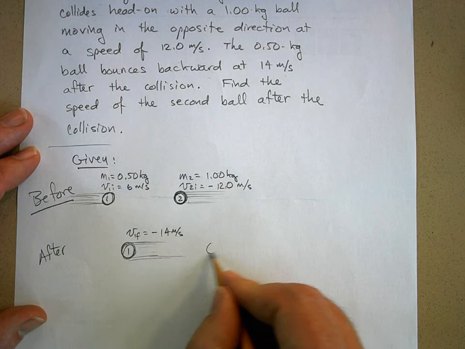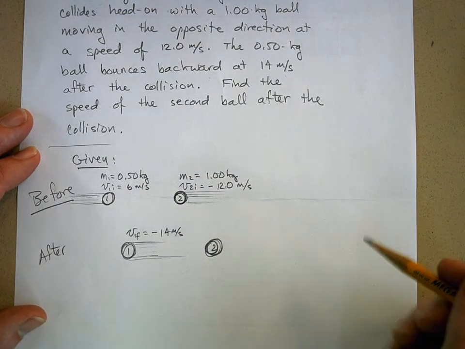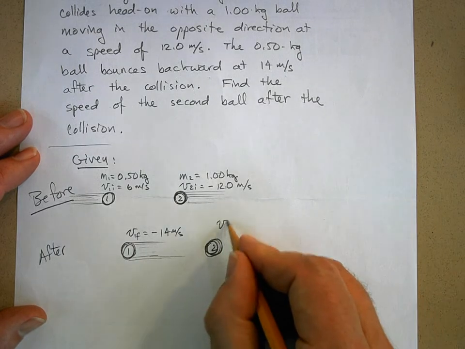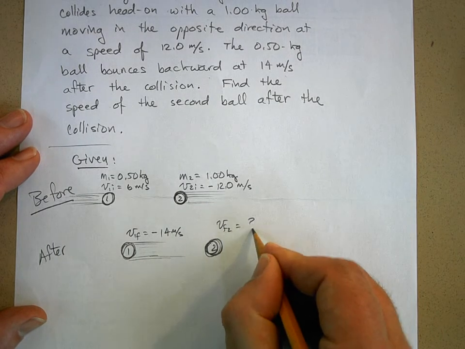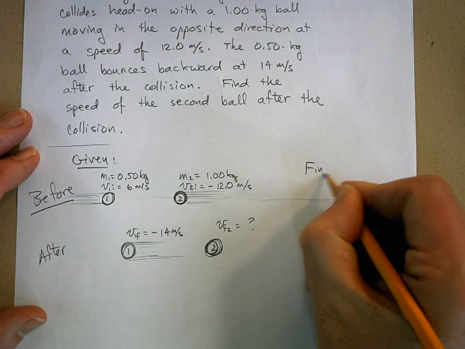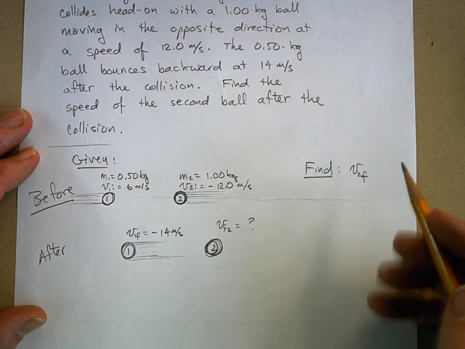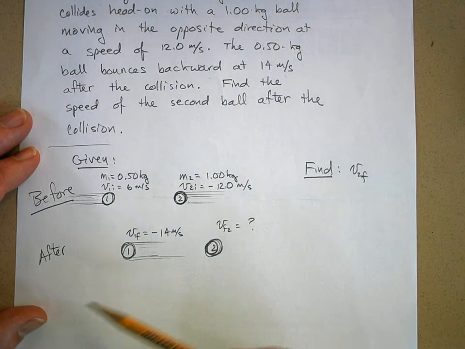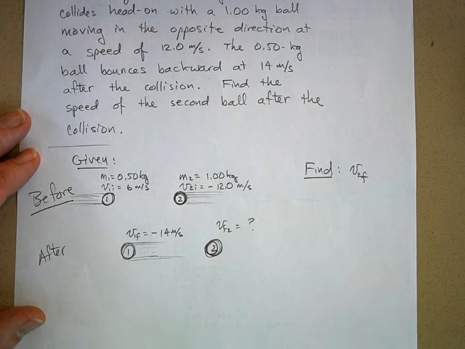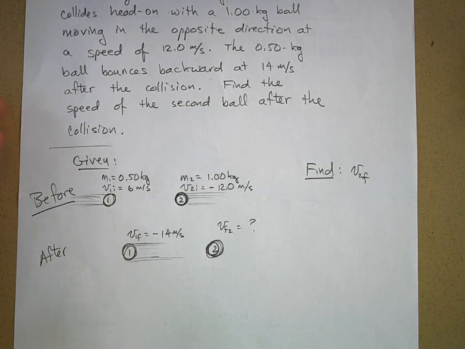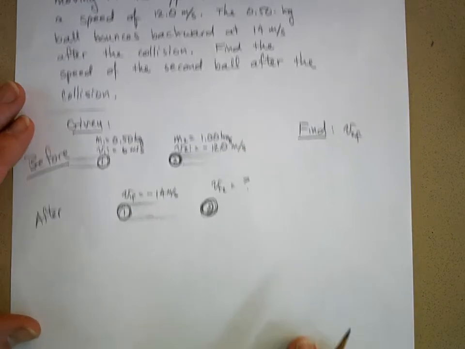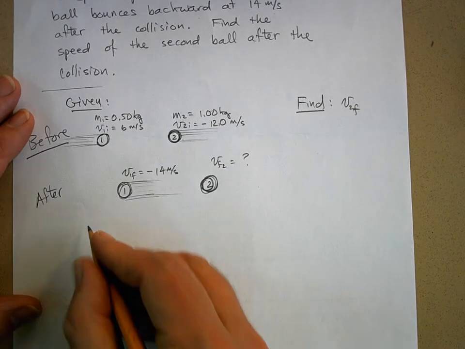Now here's ball 2. We don't know what its final velocity is. That's what we're trying to find. And by the way, we don't know what direction it is. Is it to the left or to the right? Don't know, but we can find out. So let's solve it.